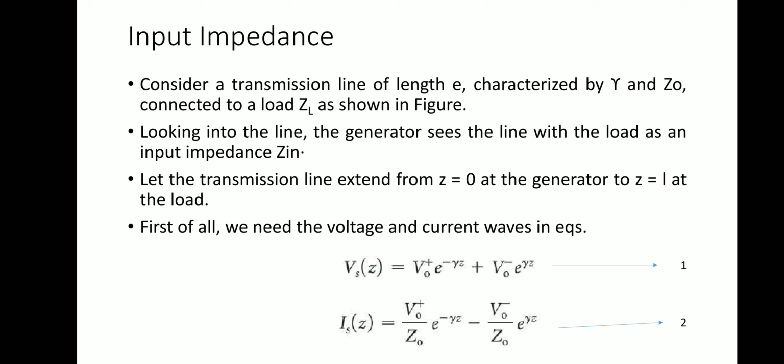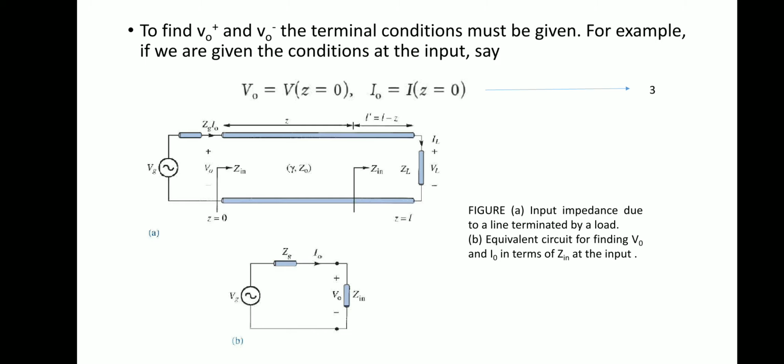The solution is Vs of Z equal to V0 plus e raised to minus gamma Z plus V0 minus e raised to plus gamma Z. Similarly, Is of Z equals V0 plus by Z0 e raised to minus gamma Z minus V0 minus by Z0 e raised to gamma Z. The plus and minus signs indicate the positive z direction and negative z direction respectively. In the figure we can see the transmission line location and all the quantities.